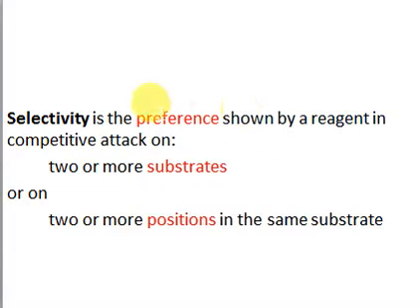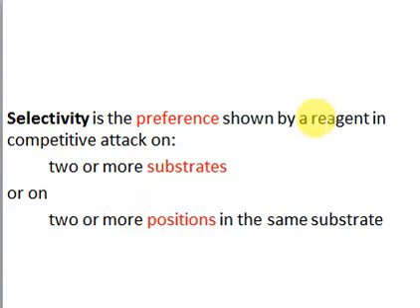The other way around, selectivity may also involve the preference of a reagent for one position rather than another position, right? In simple terms, if you have a substrate with two positions which can be attacked, but one of the positions is sterically hindered, then your reagent will not attack that hindered position.